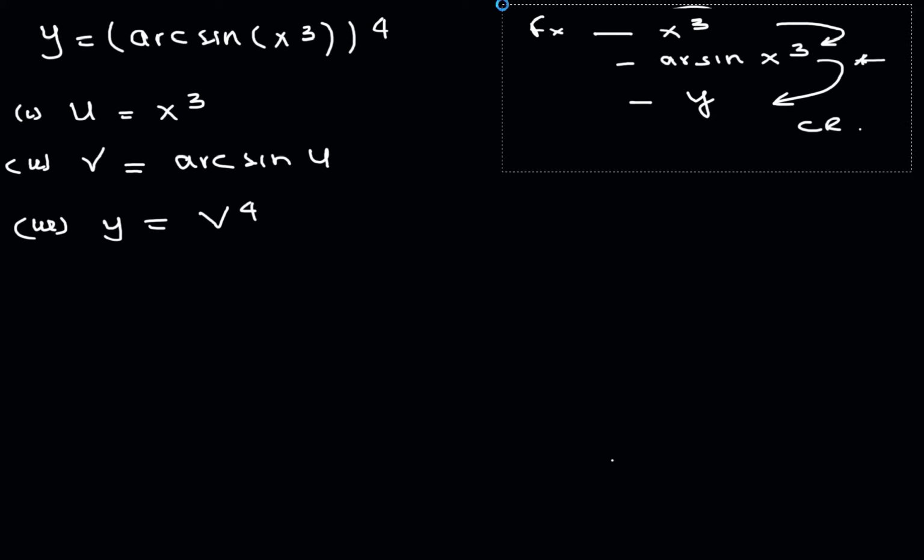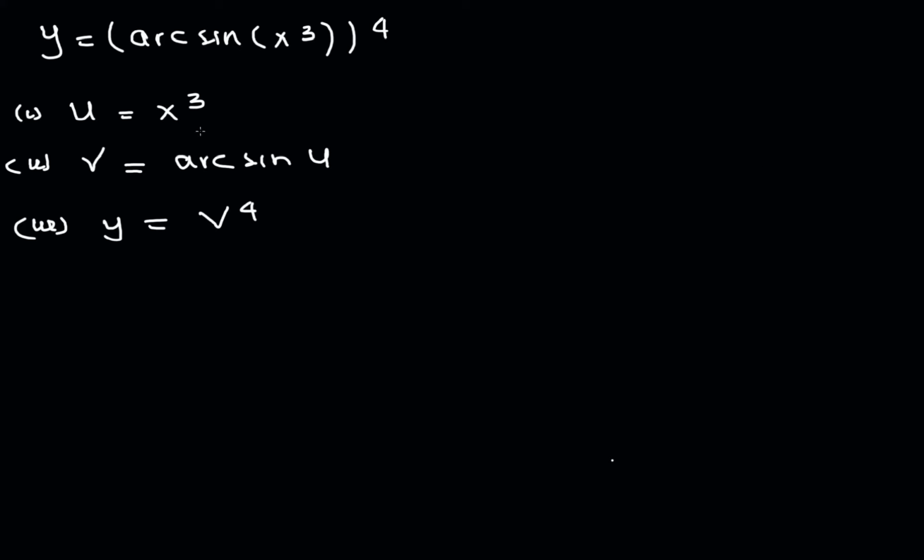Right? So what is our next step? Our next step now is going to be to find derivatives of each one of these. So we're going to say du/dx. You have to take note of this. Du/dx is going to be 3x^2, power rule.